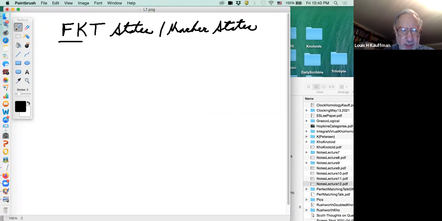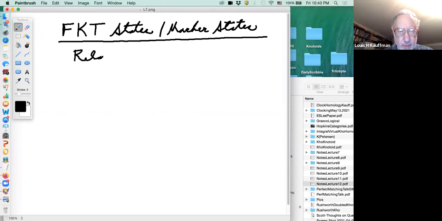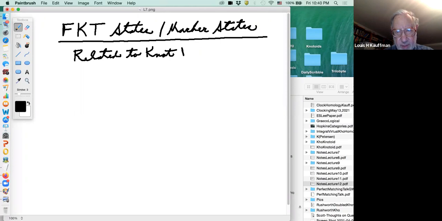And I wanted to tell you how these states come up in the knot floer homology. They are related to knot floer homology. And I won't go into the theory of knot floer homology, but I'm going to give you a little sketch. And I will give you some papers that you can read if you're interested.